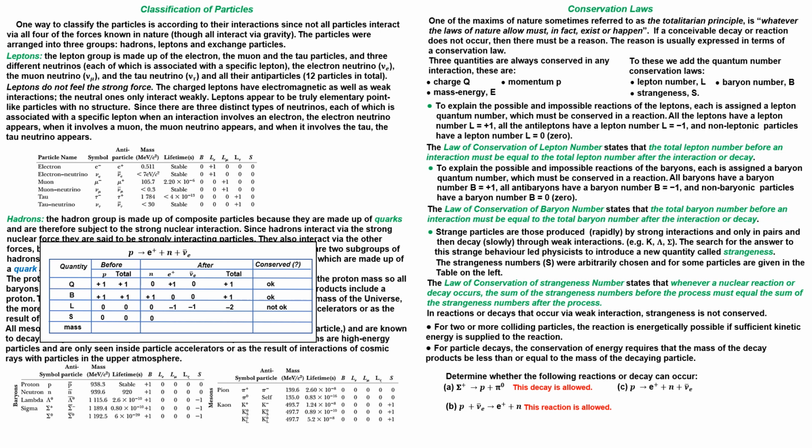There are no strange particles in this reaction, so there is no problem with the conservation of the strangeness number. The rest energy of the proton is less than the rest energy of the neutron plus the rest energy of the positron, so the energy is not conserved.